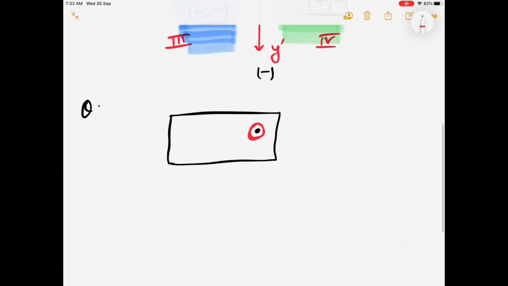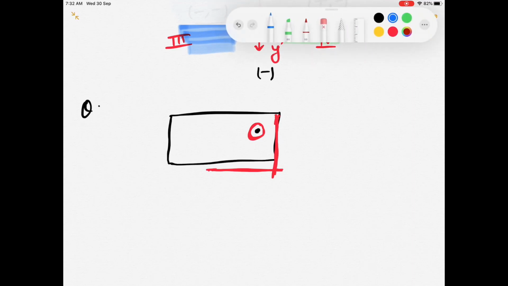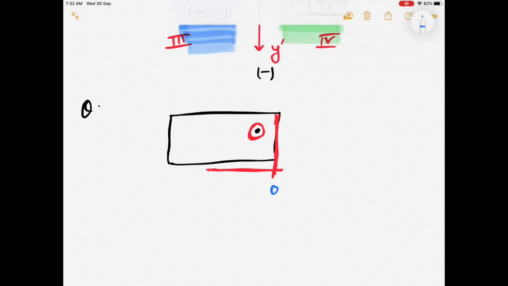Suppose we take this part of the table as the x-axis and this as the origin. Now what will be our y-axis? This will be our y-axis, right? Now this is our origin, 1, 2, and 1, 2, 3, 4. This is our y-axis.